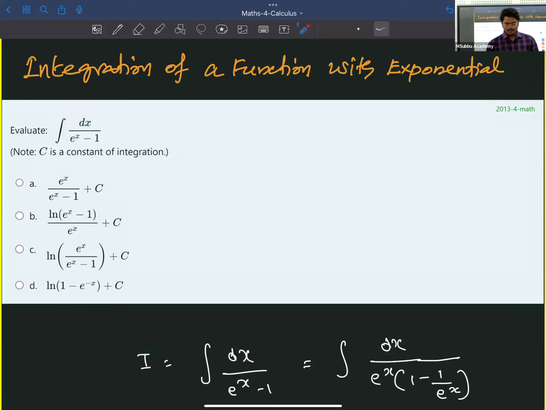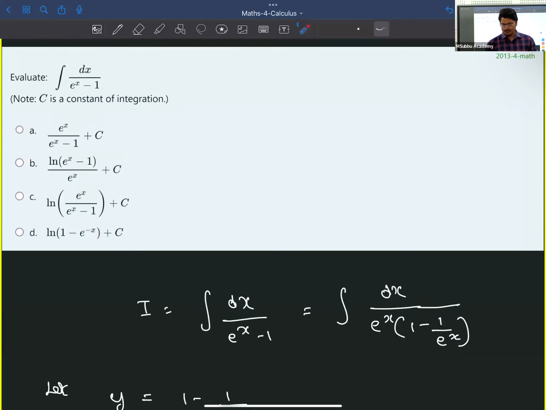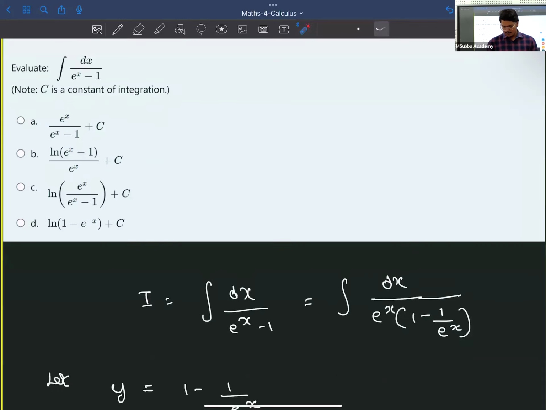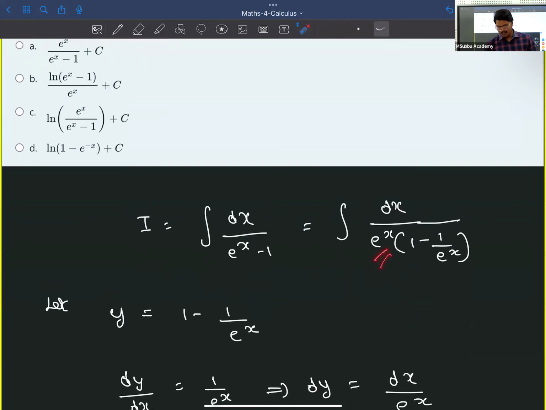But now what we can do is take this e power x term. This is one more method, which can be named the substitution method or eliminating method. What we are doing is taking the e power x term outside, so you will get 1 minus 1 by e power x.